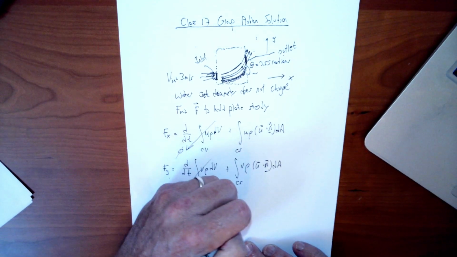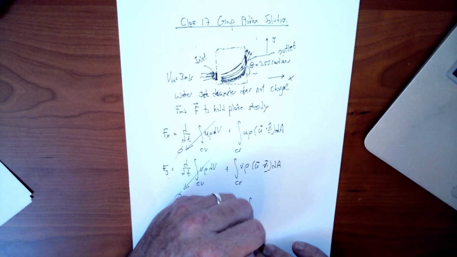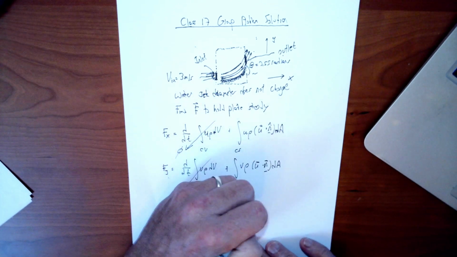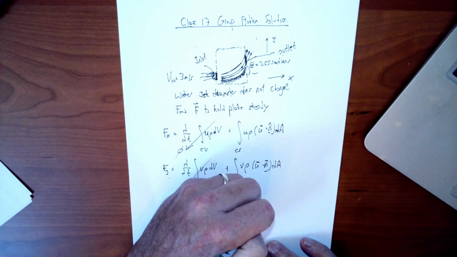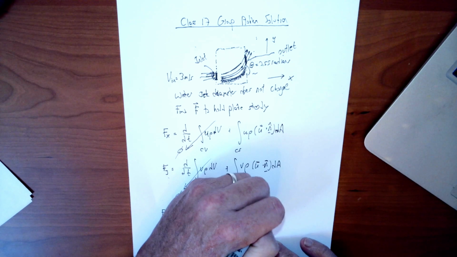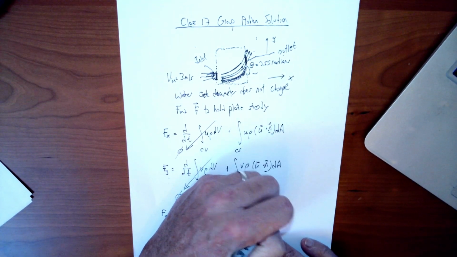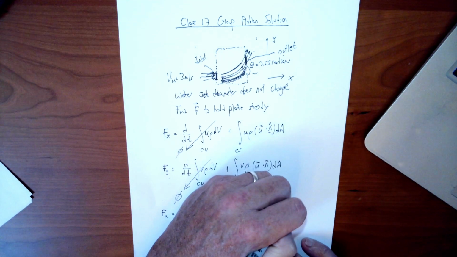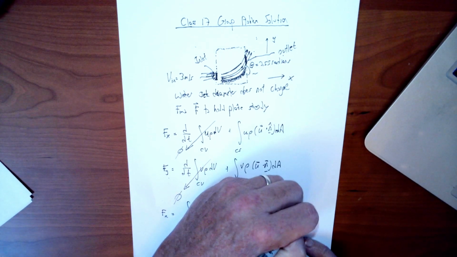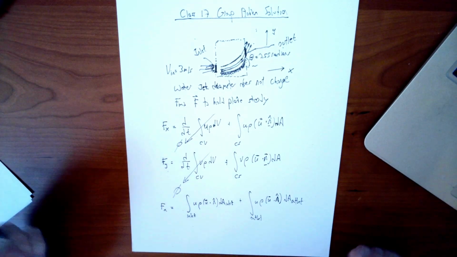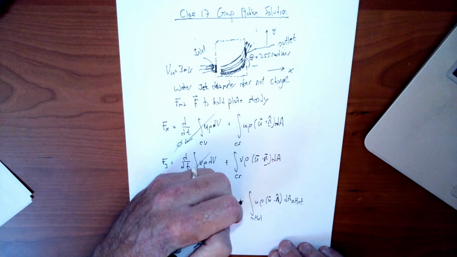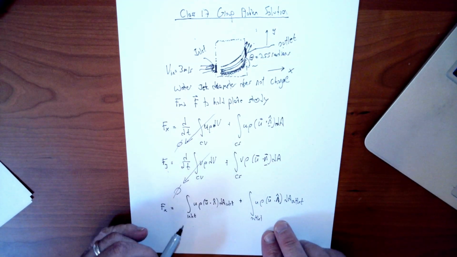And then I'm going to have the same thing at the outlet. So I'm going to have two integrals, one of which is u at the inlet, and one of which is u at the outlet. Sorry, that's an n. These are all at the outlet. So that's my first step. It's just recognize there are two integrals and they're different from each other.